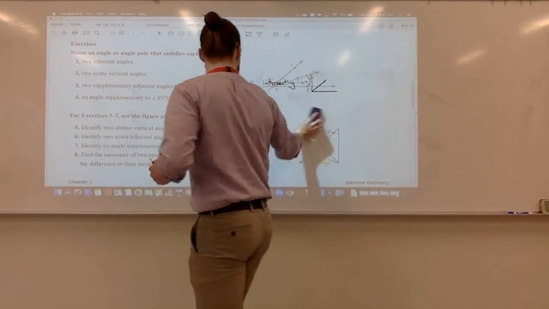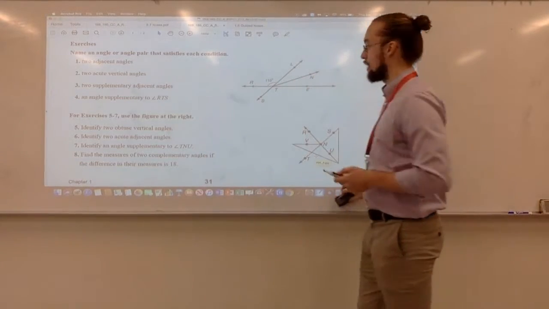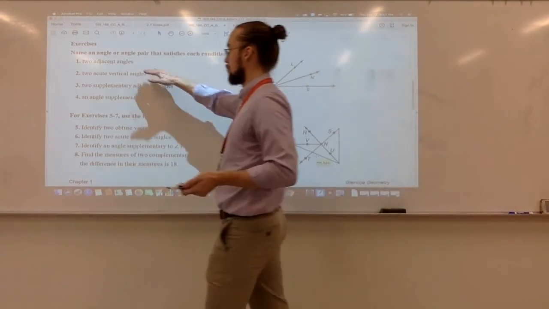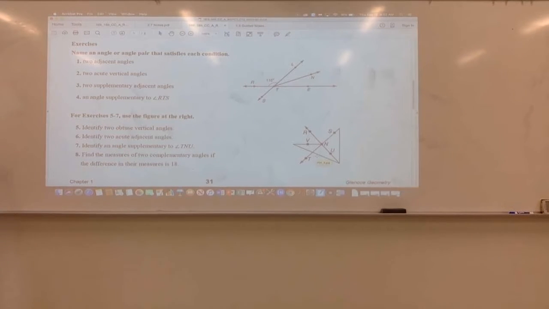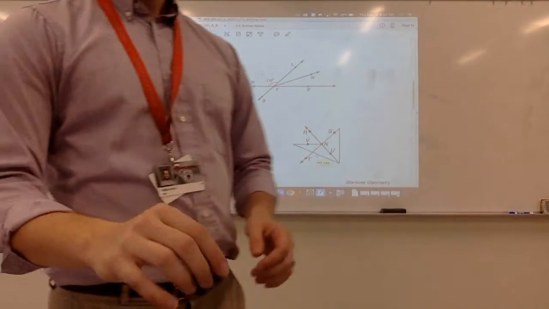For a lot of these, there are many correct answers. Like number 1, I'm just naming a pair of adjacent angles. Lots of correct answers. We're just saying 2 angles that are right next to each other that share a side. So let's go ahead and take 10 minutes or so here and try these.